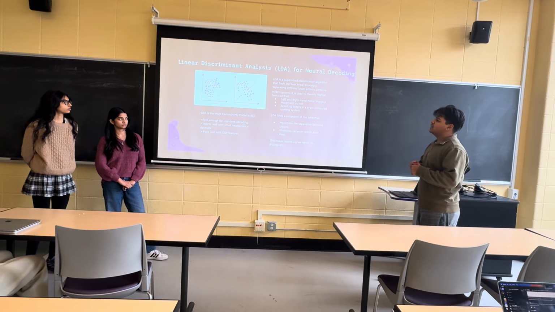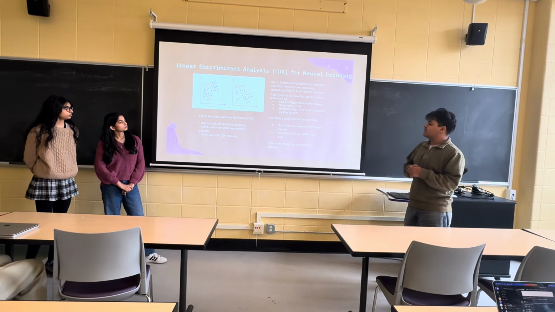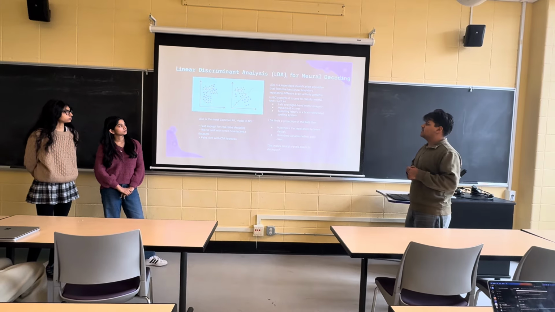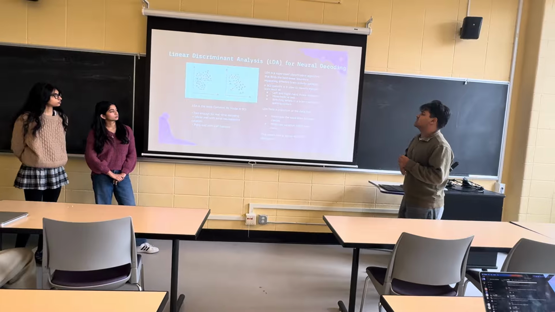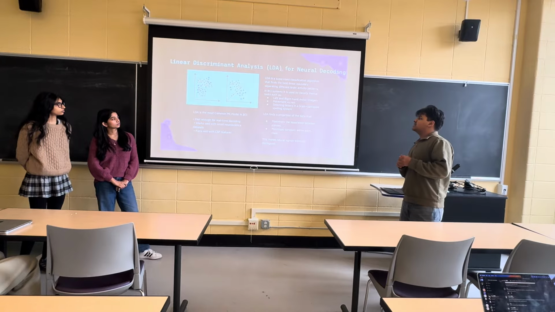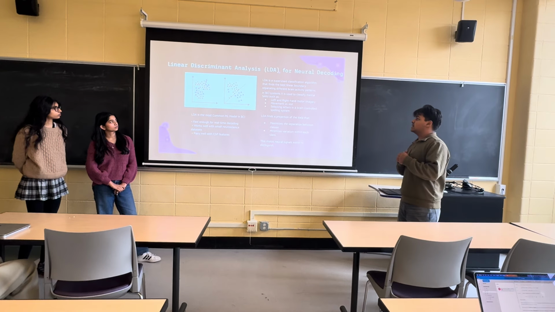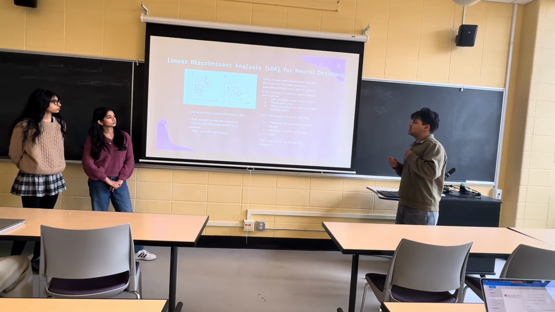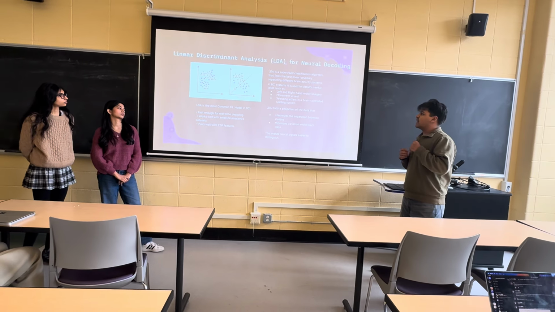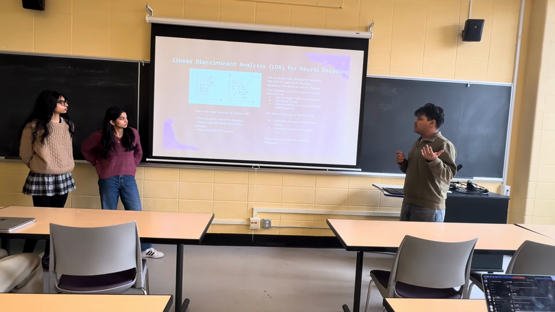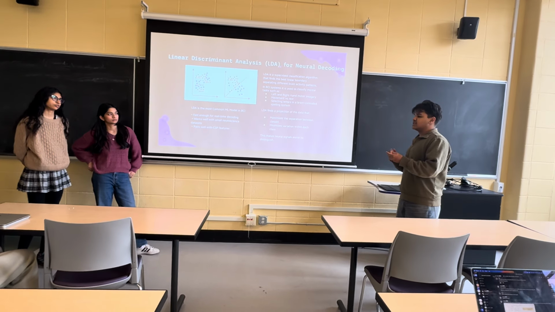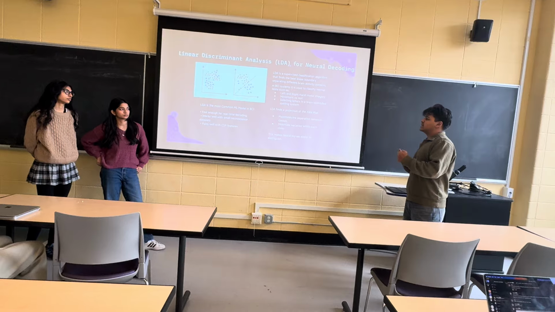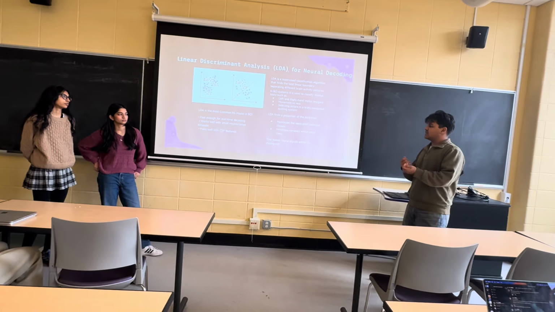And then moving on to linear discriminant analysis for neural decoding. This is the heavy chunk of the decoding process. It is a supervised classification algorithm that finds the best linear boundary that separates different brain activity patterns. It's used to classify mental tasks, for example, moving your left hand versus your right hand, like motor imagery, movement versus your rest position, or you can use it to select letters in a brain-controlled spelling system.